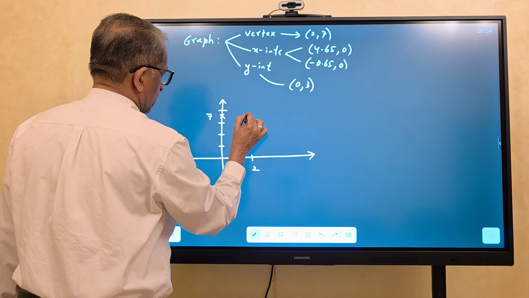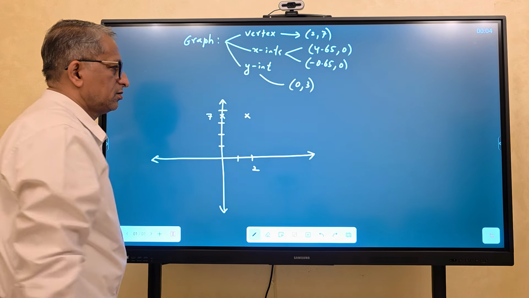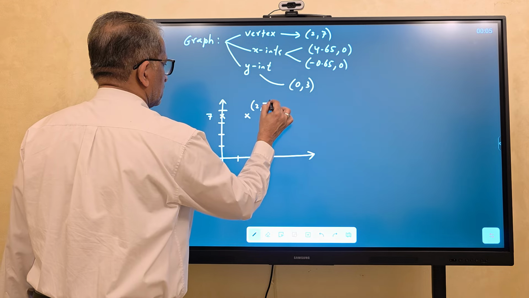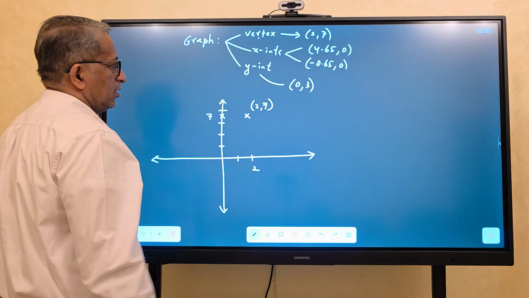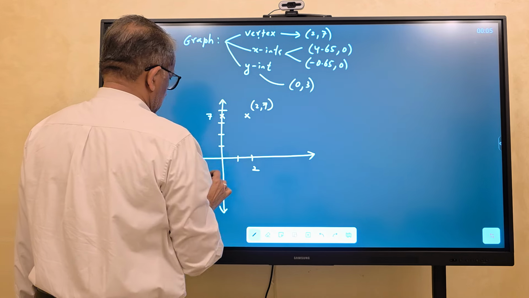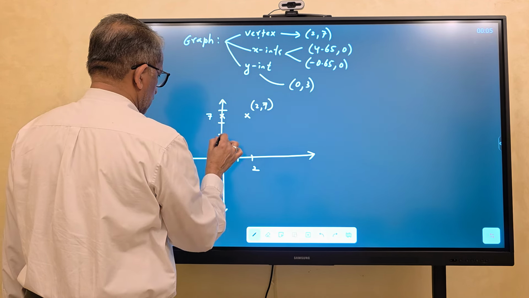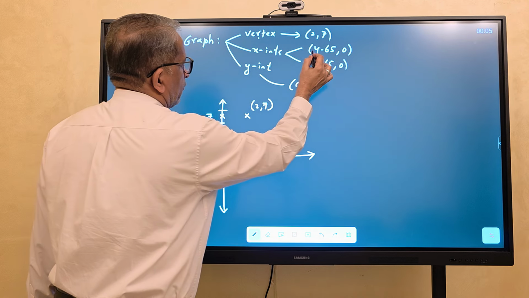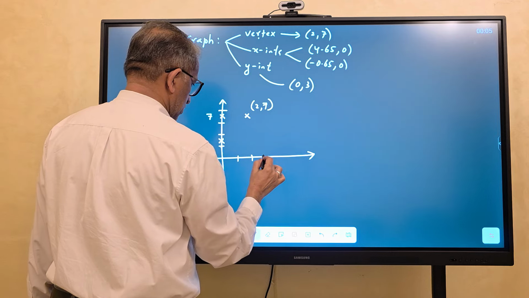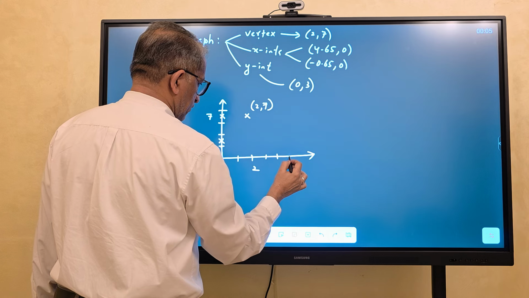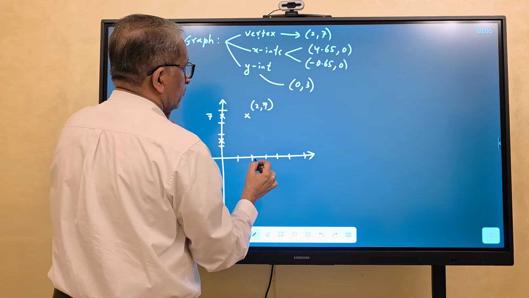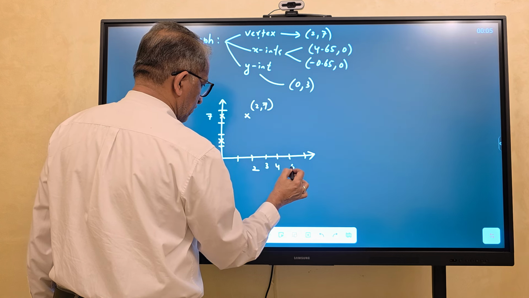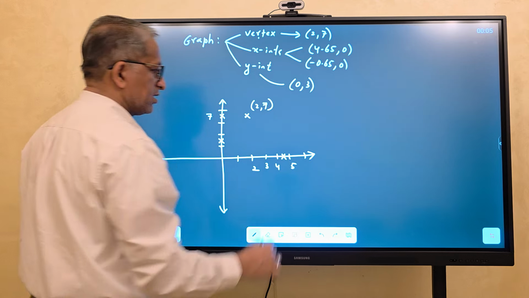So (2, 7) is here, which is the vertex. Then (0, 3) is here. Then 4.650: 3, 4, 5, 6, so 4.65 is here.